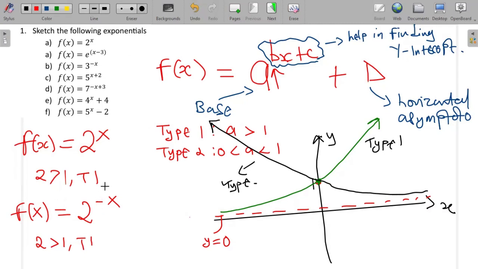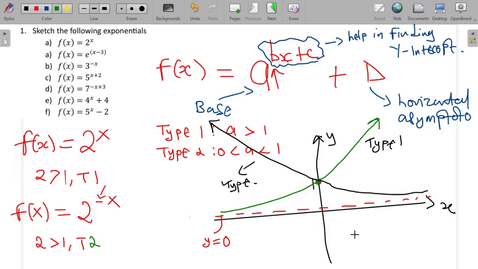But because of this negative in the power, this graph switches and it becomes a type 2. So 2 to the power minus x has the graph starting from the right going to the left like this.